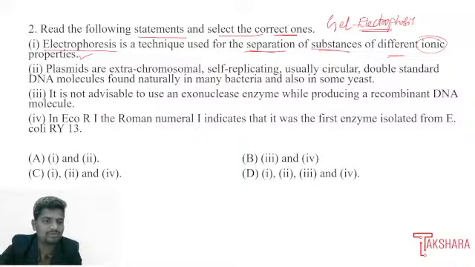And statement number 2: plasmids are extra-chromosomal, self-replicating, usually circular and double-stranded DNA molecules found naturally in many types of bacteria and also some types of yeast. The question here is related to the word plasmid, which we call an extra-chromosomal substance. If you take a diagram of a bacterium, it has its own chromosomal DNA, along with a circular double-stranded DNA.